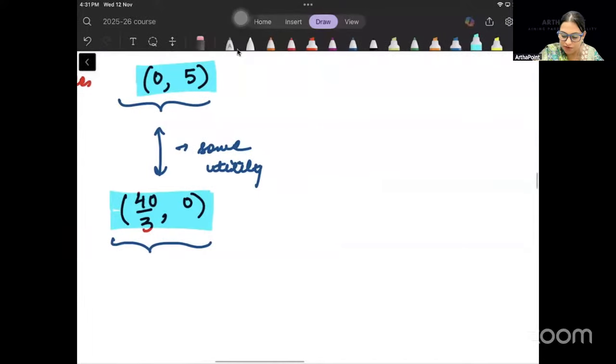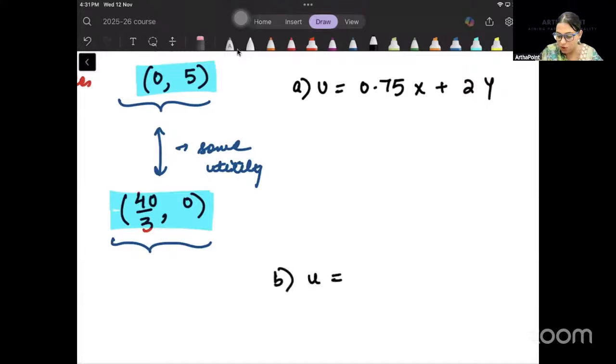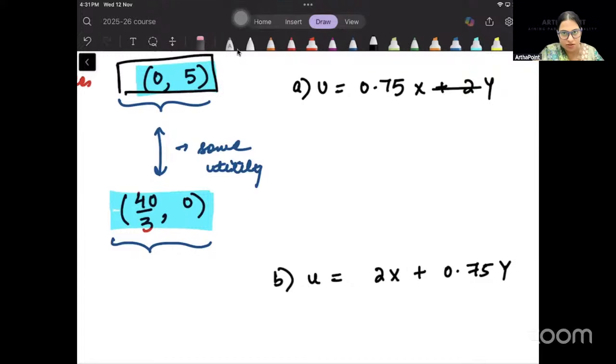So I choose function A first. U is equal to 0.75x plus 2y. And I choose function B, U equal to 2x plus 0.75y. Now when I put this bundle in the first one, my utility will be 0.75 into 0 plus 2 into 5.